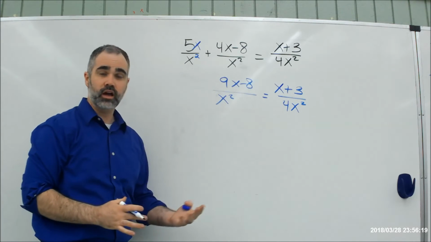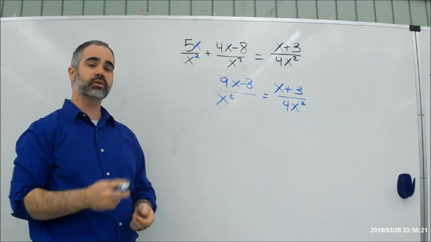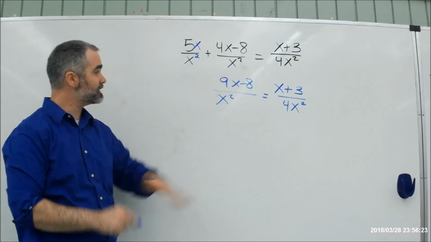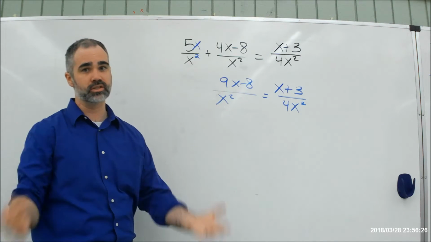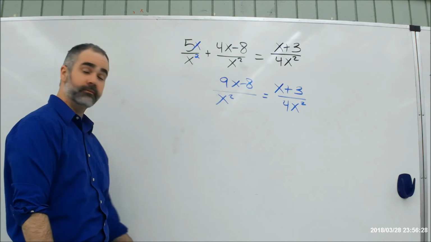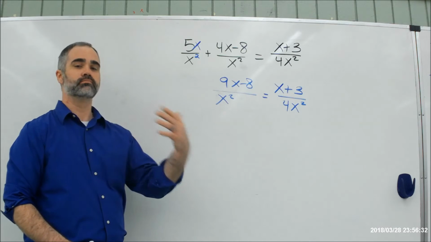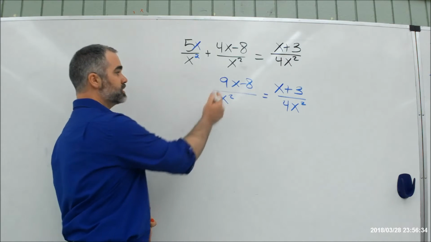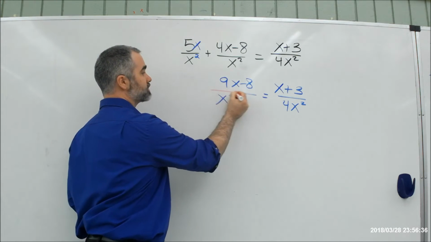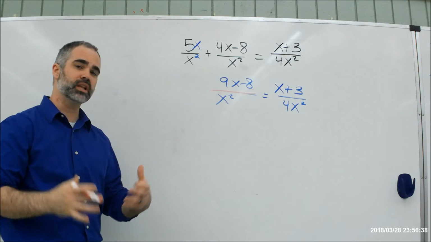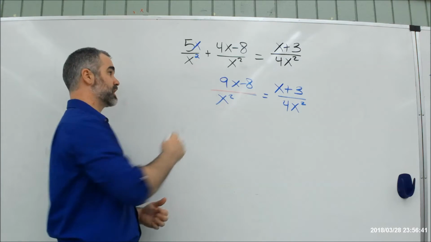Now what we want to do to solve this, again, remember these fractions are division problems, and we have to get x out of the denominator before we can do anything else. But since they're division problems, we can do the opposite of division, which is multiplication. So if this fraction is being divided by x squared, you guys can multiply it by x squared to cancel that out.